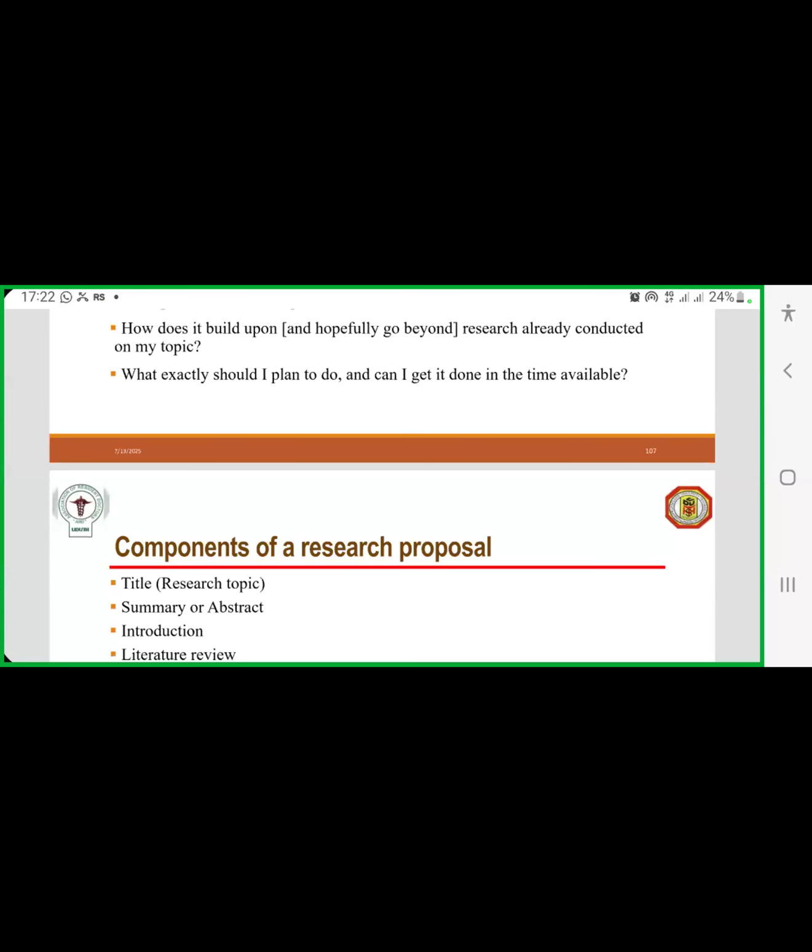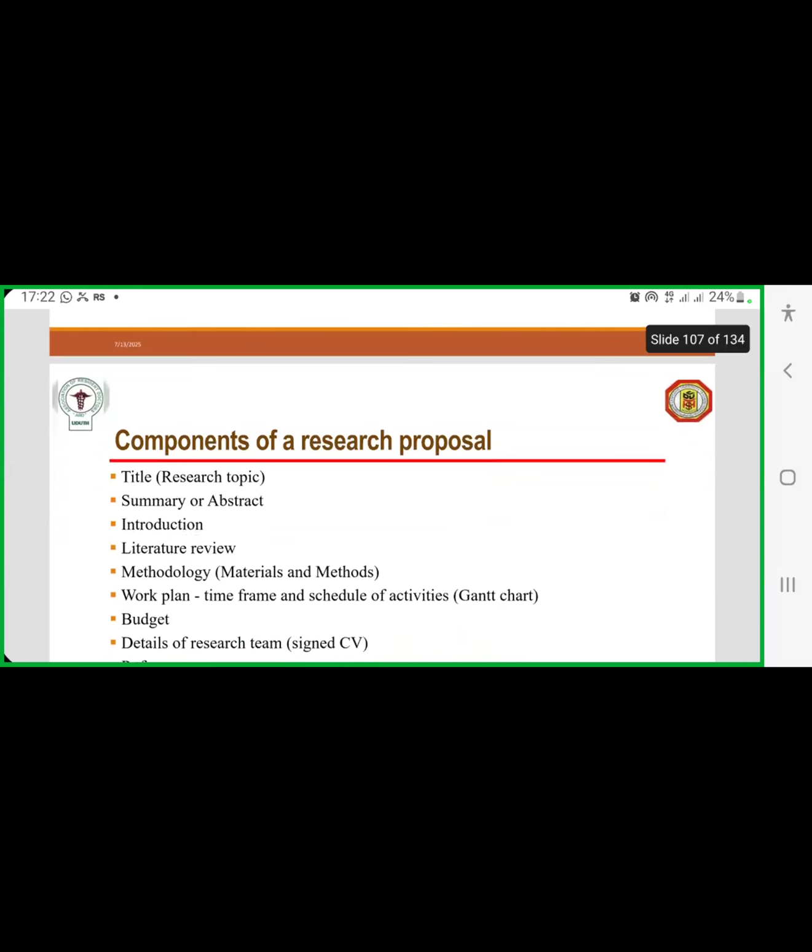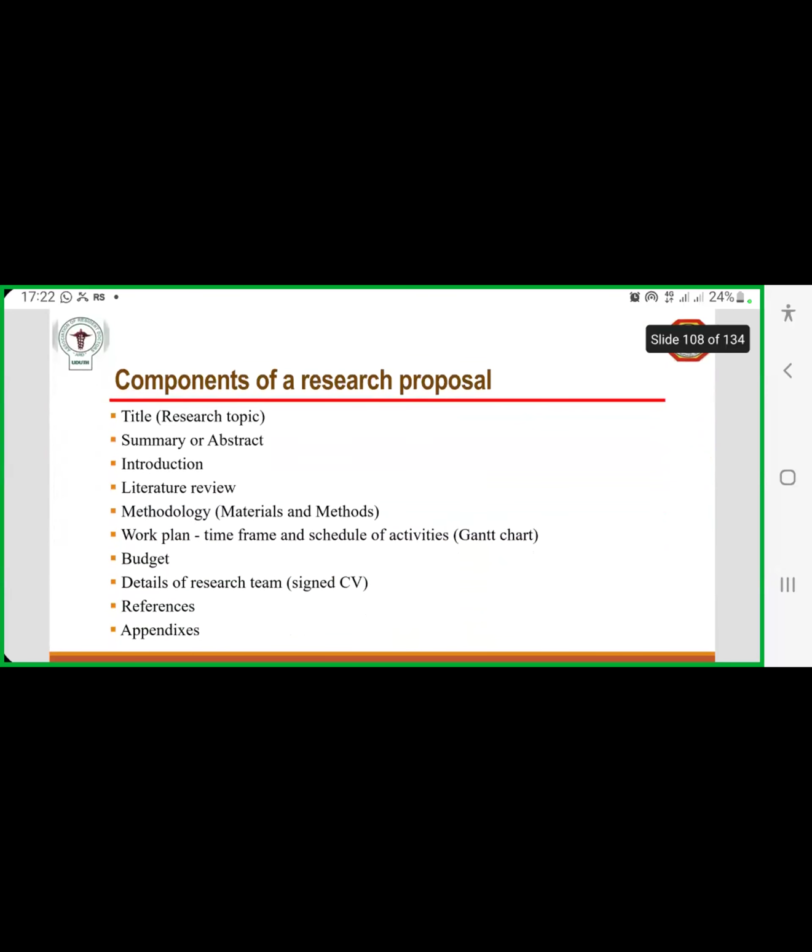Then when you ask these questions, the next thing is, let's look at the components. We are going to look at the components of a research proposal.